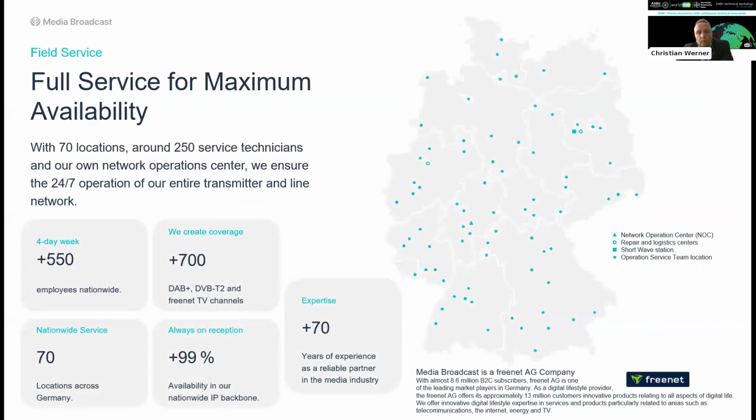A few numbers from our country and our operating systems. We are working with about 550 employees, 250 of them in the field service, and they are all together guaranteeing those high availabilities which are so typical for the broadcast industry, of course 24 hours a day, 7 days a week. Our colleagues are situated at 70 locations all over Germany.